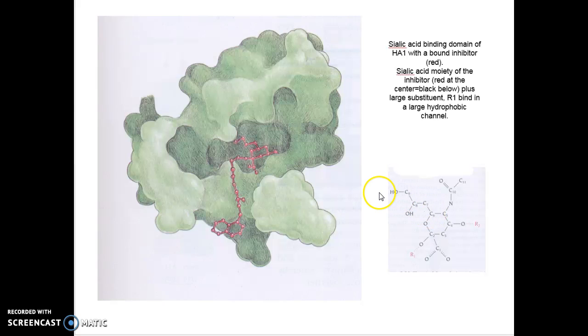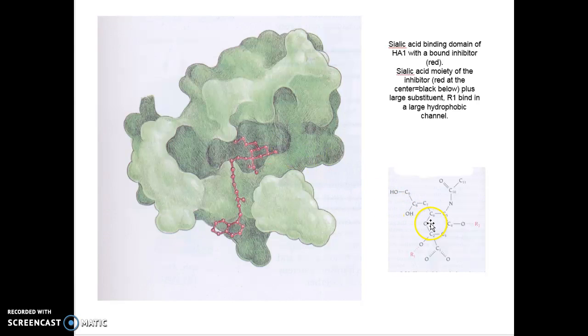This slide shows you the binding site of the globular head of HA1 with bound inhibitor, the red one, with a space-filling model.